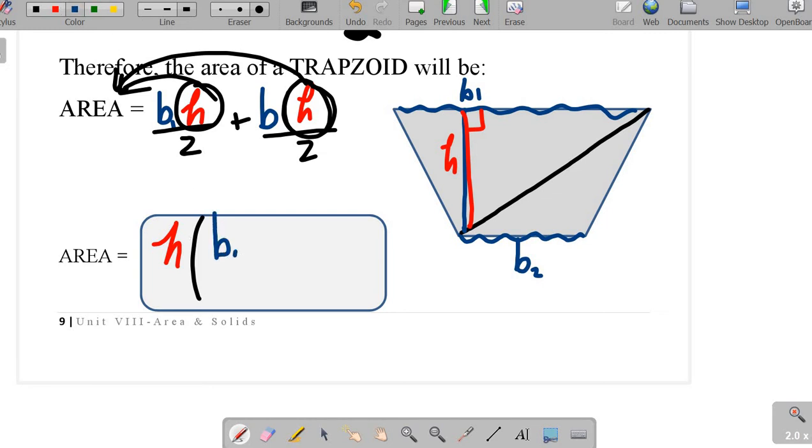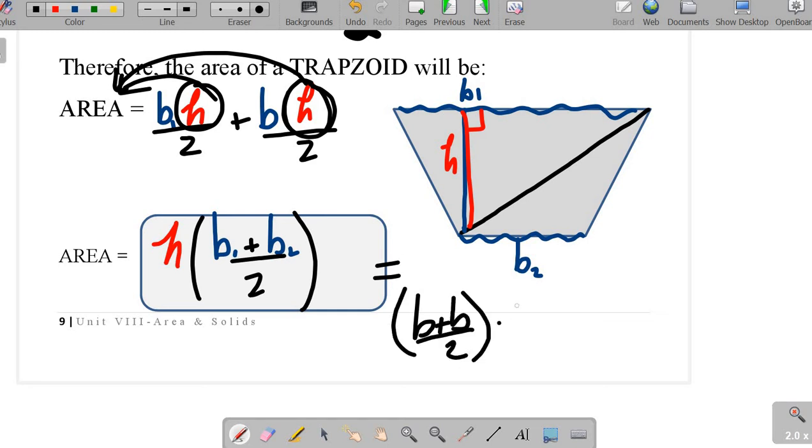Base 1 plus base 2 over 2. It's the height times the average of the bases, or the average of the bases times the height. Same thing. Base plus base over 2 times height, realizing those bases are the two different bases. That's a trapezoid.